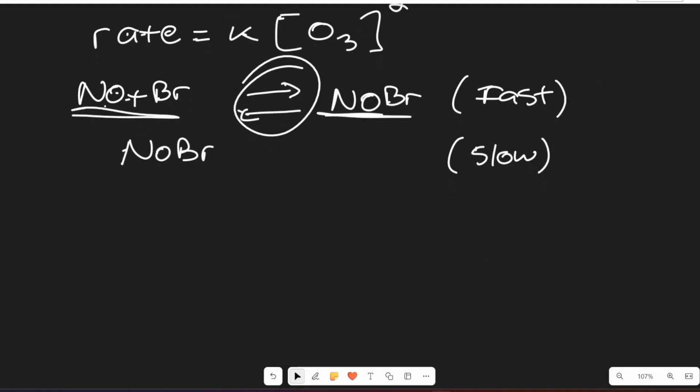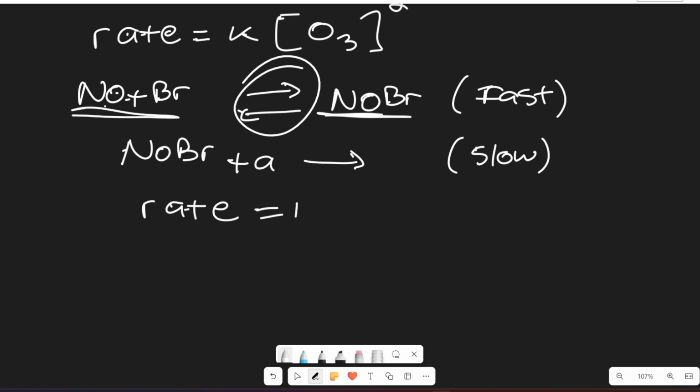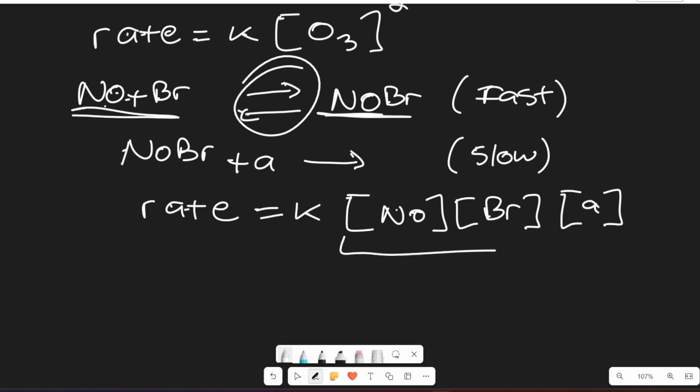So if we were going to use NOBr and we were going to say NOBr plus A goes to something that's not relevant to the problem, we can just say that our rate is equal to k times the concentration of NO times the concentration of Br, and then times the concentration of A. Because remember, we've essentially substituted this part for NOBr, because our first step was fast and our second step was slow, and we're only looking at the slow step as the rate determining step.